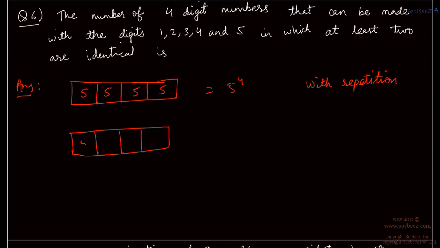So if there is no repetition, well, for the first we have 5, then 4, then 3 and then 2. Which is 5 into 4 into 3 into 2, which we would have easily written as 5P4, because we are choosing 4 digits from a total of 5, right? So without any repetition, this gives us 5 factorial, it is 120, right?